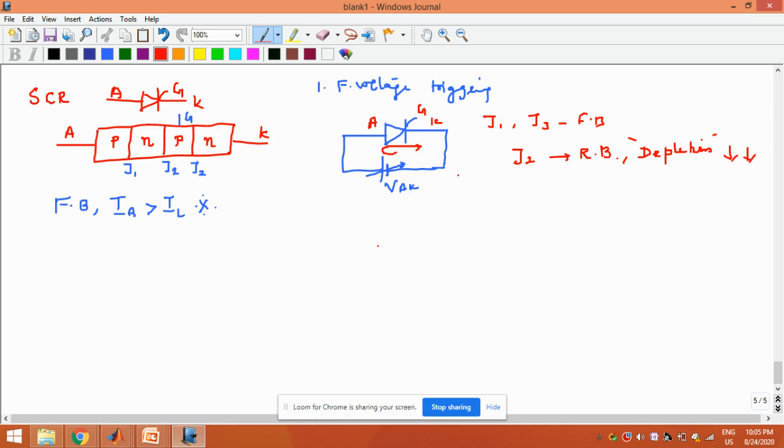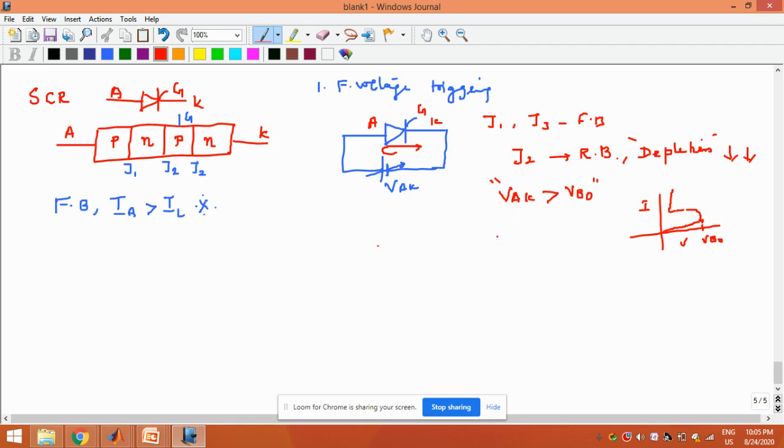So as VAK keeps on increasing, at some point of time, it reaches the breakover voltage, VBO. Once it reaches breakover voltage, the SCR is conducting. So this is current, this is voltage. So at this point, we can mark it as VBO. That's fine.